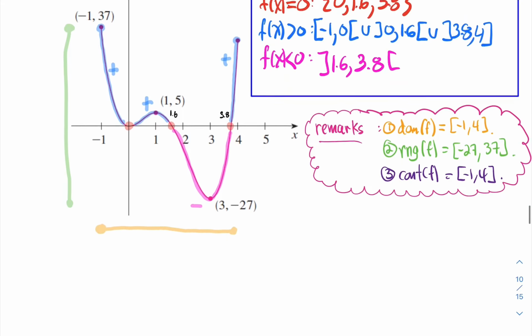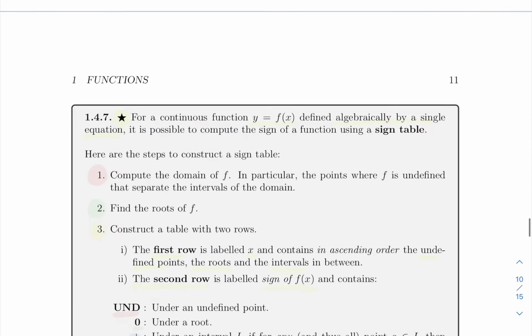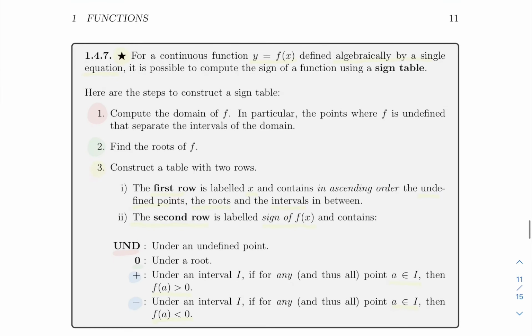All right, one of the biggest tools in Cal 1 is sign tables. For us, all the functions we're going to study are going to be continuous. In particular, the functions that are going to interest us are going to be defined algebraically by a single equation. And this will guarantee that the function is continuous.